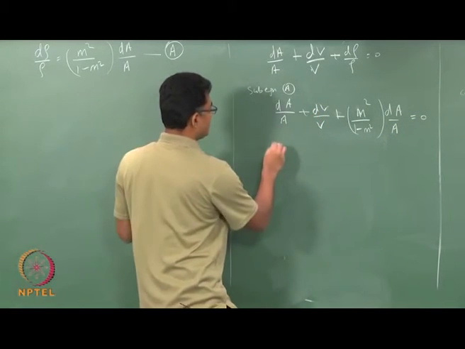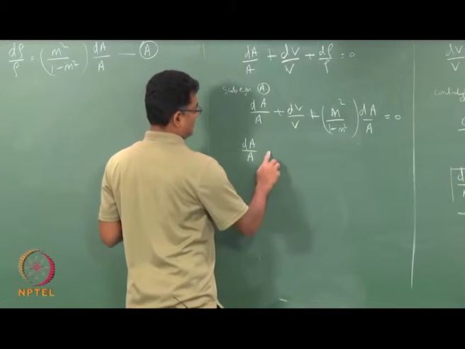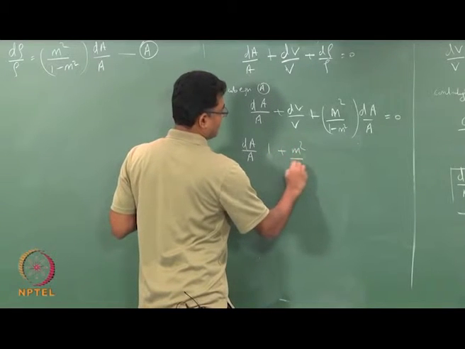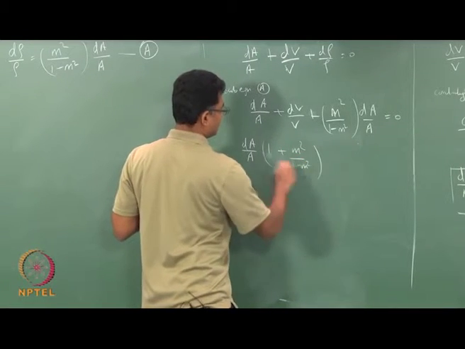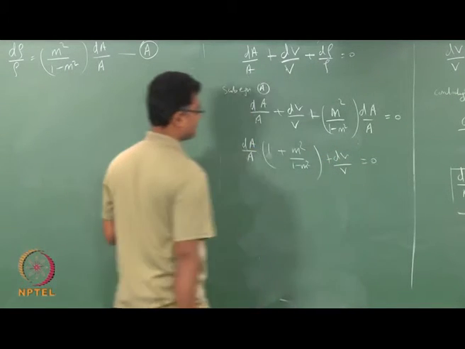So, I take dA by A outside, and 1 plus M square by 1 minus M square, plus dV by V equals 0.